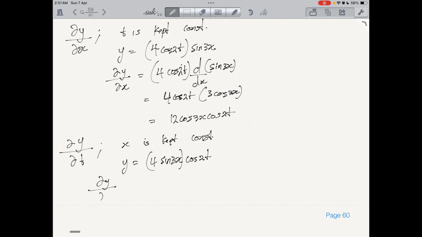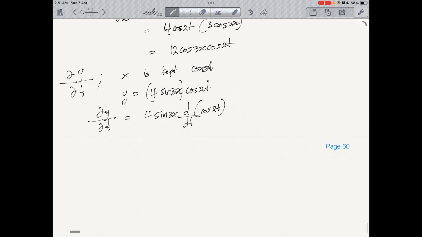The partial derivative of y with respect to t will therefore be 4 sine 3x, and we are differentiating cos 2t with respect to t. This will be 4 sine 3x multiplied by minus 2 sine 2t. And this will be minus 8 sine 3x sine 2t.